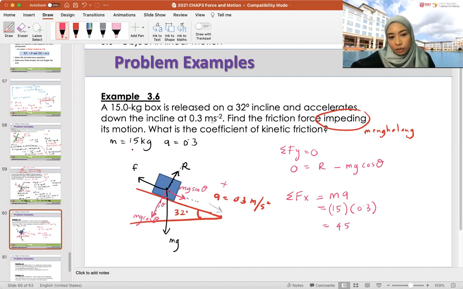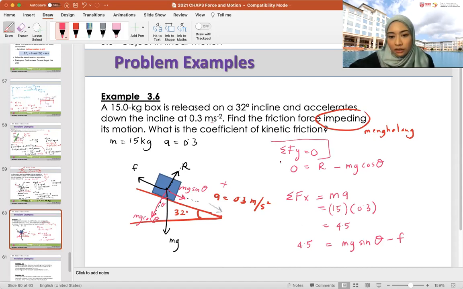But we haven't written our equation of forces in the X yet. So we can write that now. So 4.5 equals positive mg sine theta minus friction. So it's your condition.